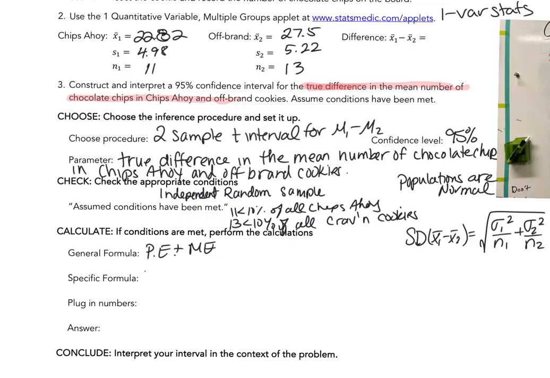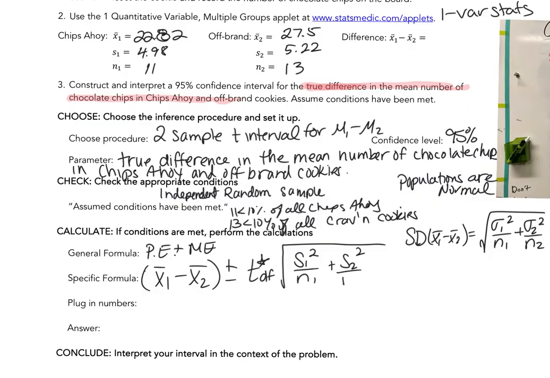That was the standard deviation for the sampling distribution of the difference of means. But we don't know sigma, so we're going to substitute s for our sigmas. And so our specific formula is x bar 1 minus x bar 2 plus or minus t star with some degrees of freedom. I'll talk about what our degrees of freedom are in a minute. And that's going to be the square root of s1 squared over n1 plus s2 squared over n2.